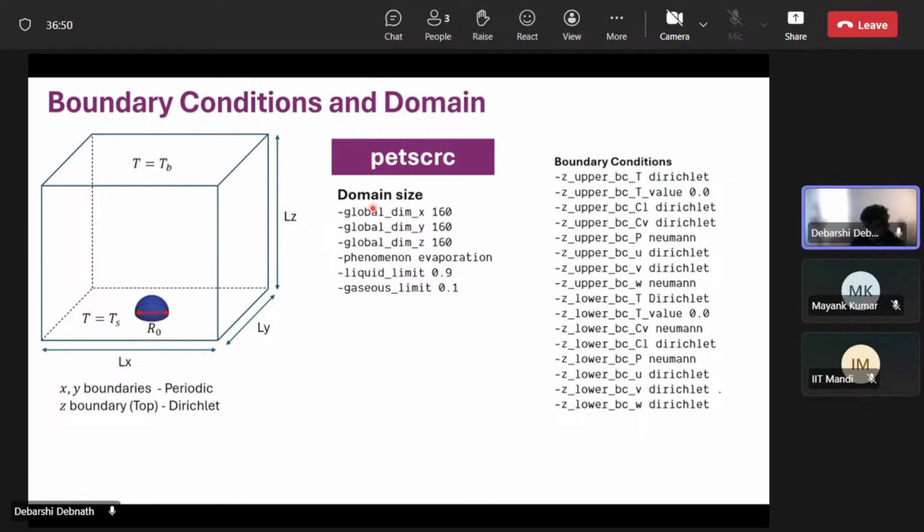And also you define the size of your domain with global dimension X, global dimension Z. You select the phenomena in the code, so since you're doing evaporation, we do evaporation here. And this liquid and gaseous limit just defines the area in between where the phase changes happen. And similarly, X and Y, upper and lower, define all the boundary conditions for all the parameters in the file.